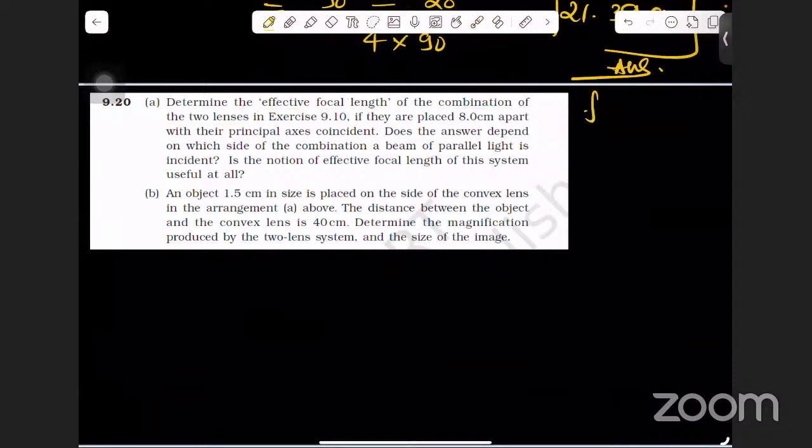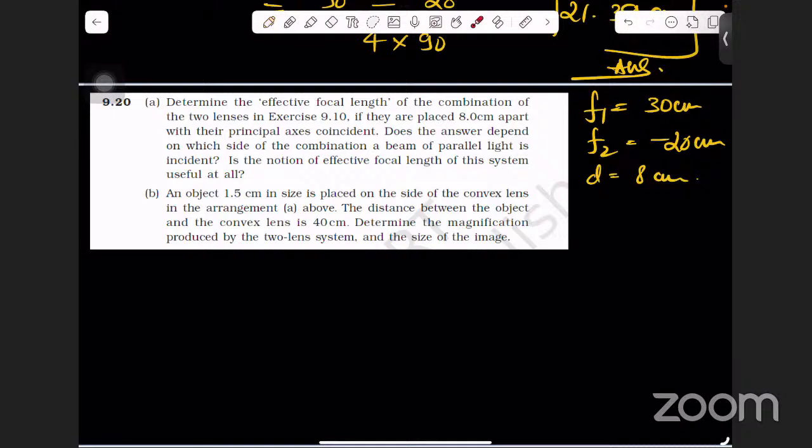We'll write it first. F1 was 30 centimeters, F2 was minus 20 centimeters. If they are placed 8 centimeters apart, now they have a distance between them, 8 centimeters apart with their principal axis coincident. Does the answer depend on which side of the combination a beam of parallel light is incident?